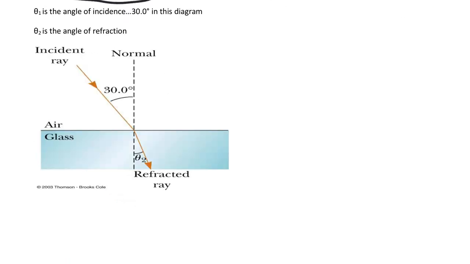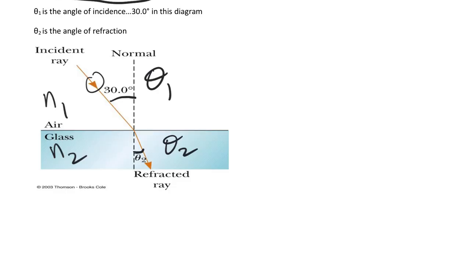So I'd probably call this ray coming from the air, so I'm going to call the air index of refraction N1. It's going to the glass, I'll call that N2. This is going to be the angle of incidence, theta 1. Theta 2 is the angle of refraction because it's where it's going.